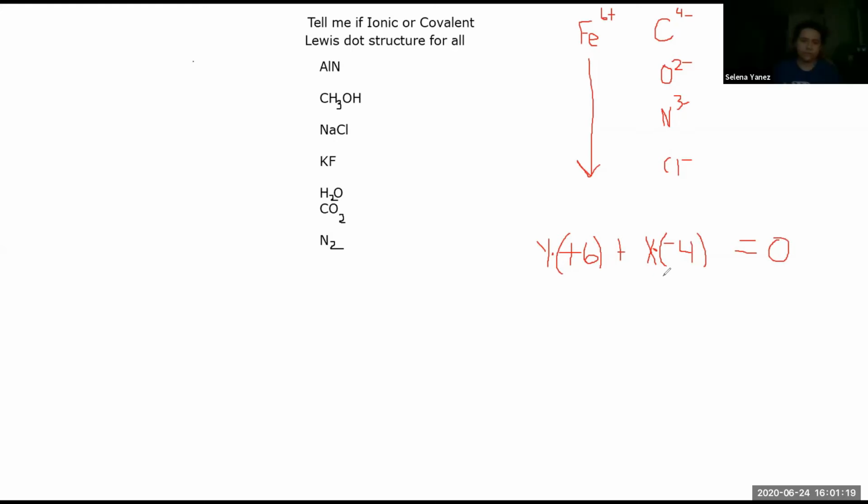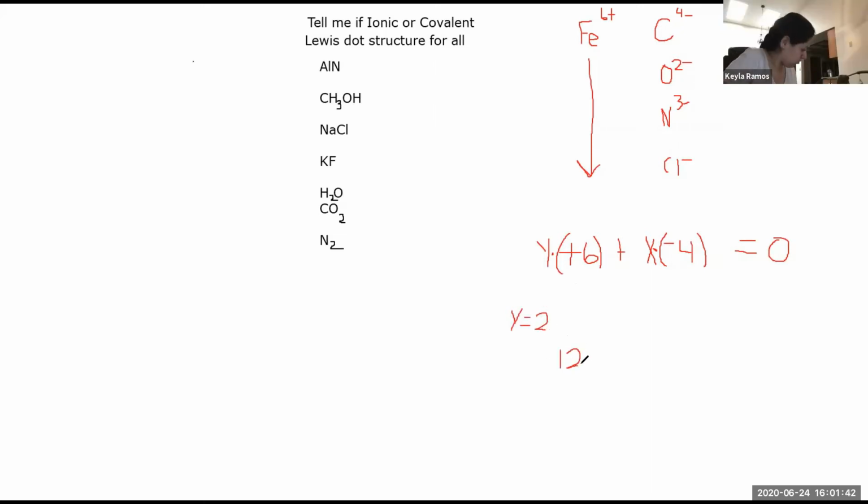Yes. What is it? 12. So for them to equal 12, what do I need to multiply 6 by? 2. Okay, so then we're saying y is equal to 2. Next would be 3. 12, and then x is 3, right? That's 3, yeah.